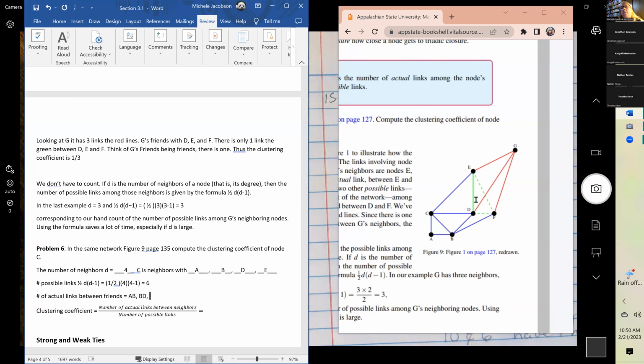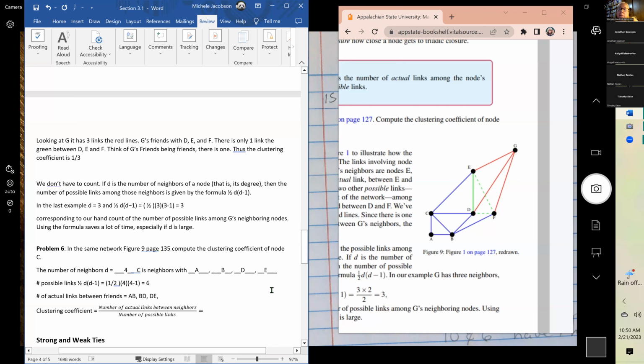Yeah, so this is one, D, E. So we want to find all the links, like A, B is 1, but A doesn't go to D and A doesn't have a direct link to E. Then go to B. B has a direct link to D, but not E. And then DE has one.